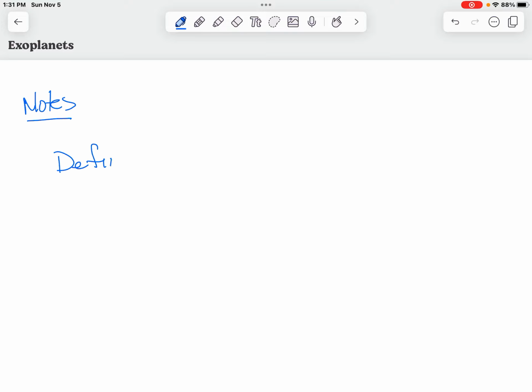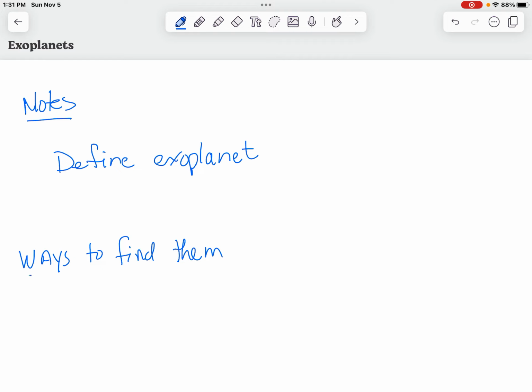So define it. Okay, and then we're going to talk about ways to find them. So that's what you want to jot down and be ready to take some notes there.